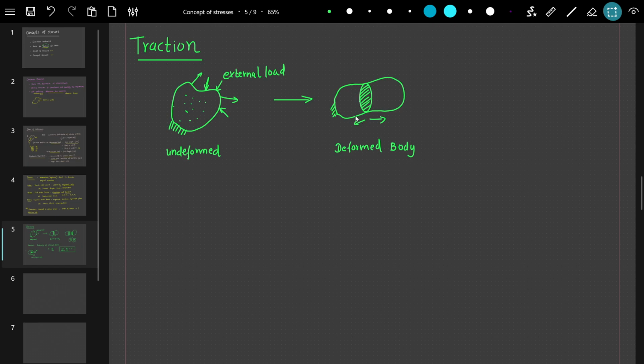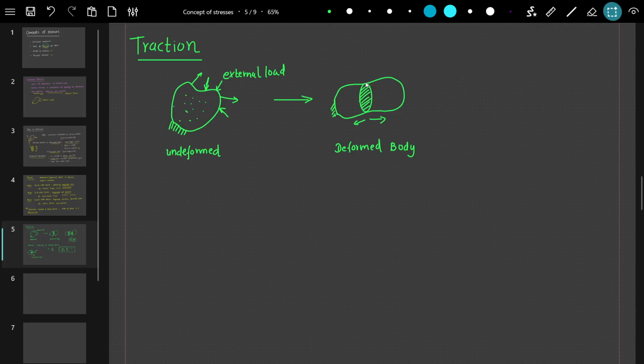Now we want to understand how the body behaves, that means how it resists. We want to understand the internal forces. Internal forces are generated, and they are nothing but resisting forces to the external loads.